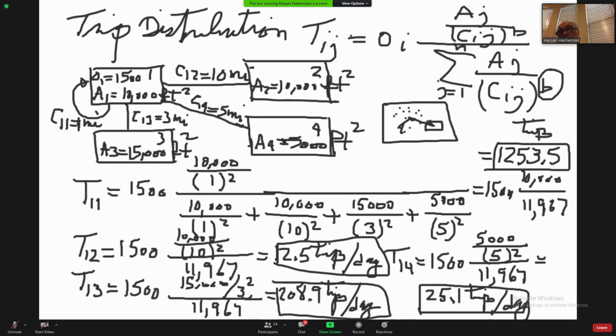Zone 1 would be just a residential zone that people go from. But if there is some residential area in zone 2, then you have to do 2 to 1, 2 to 2, 2 to 3, 2 to 4, the same way. And figure out how many will go, and then add up those numbers that go to each of those shops.